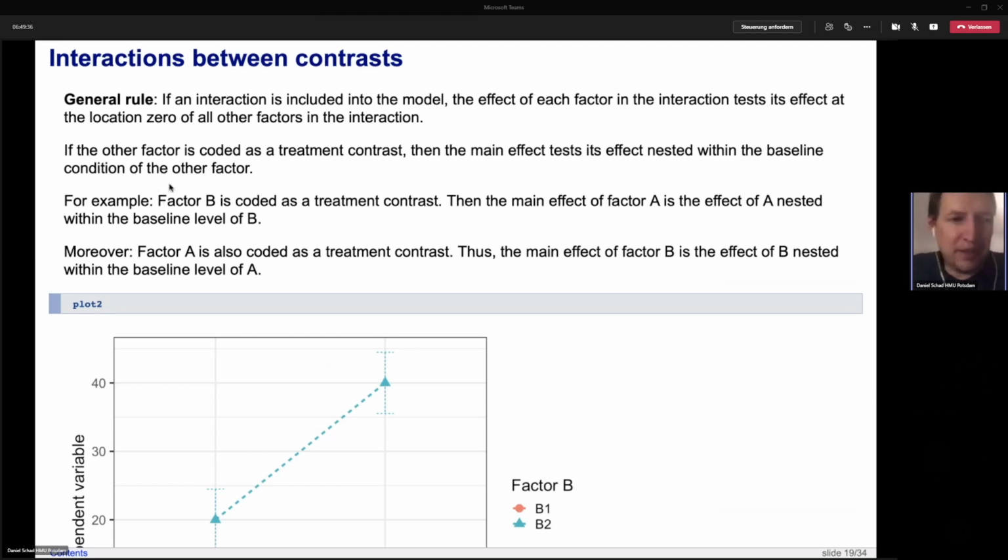That's maybe easier than the abstract formulation. Let's say factor B is coded as a treatment contrast, but we are interested in factor A, and there's an interaction between A and B. Then the question is, what does the main effect of factor A test? Factor B is the treatment contrast, but we are now looking at the effect of A. A does not test the main effect, not the average effect. It tests the effect of A nested within the baseline level of B.